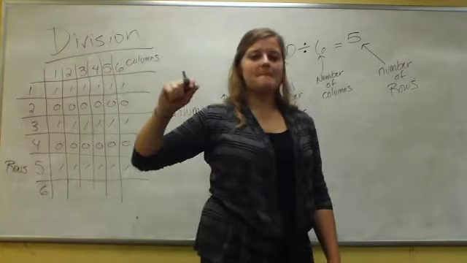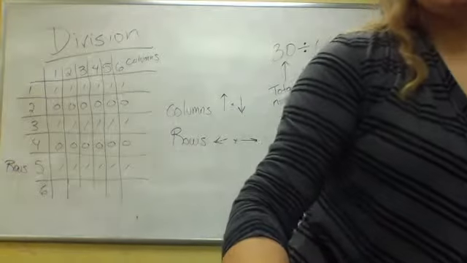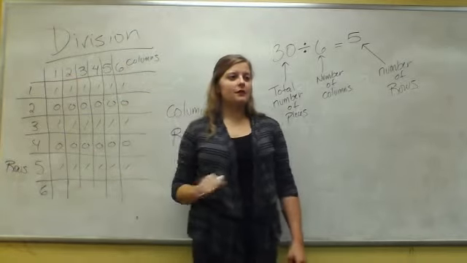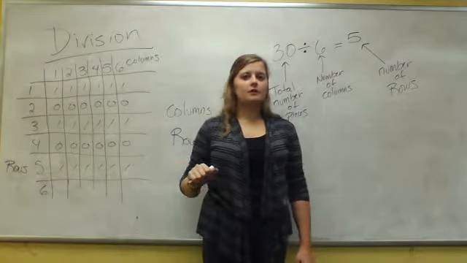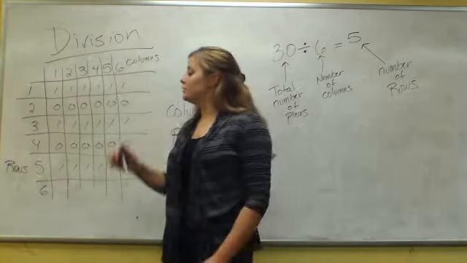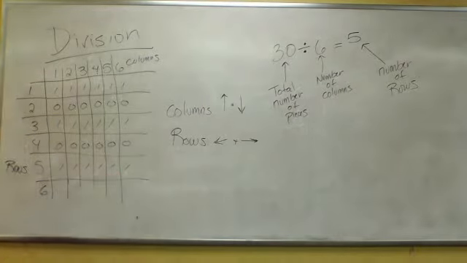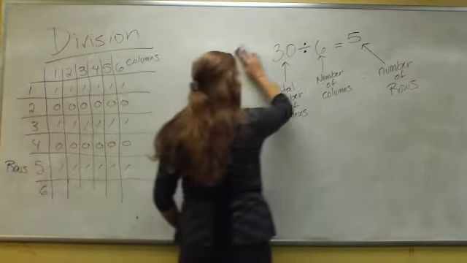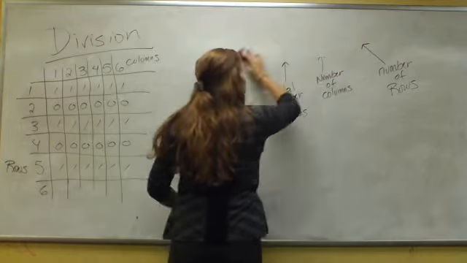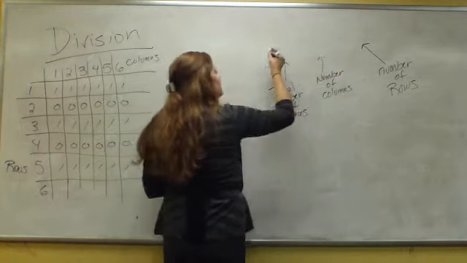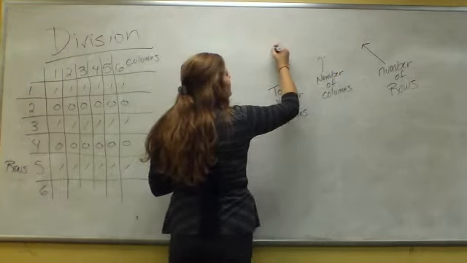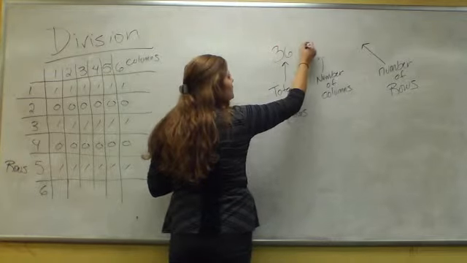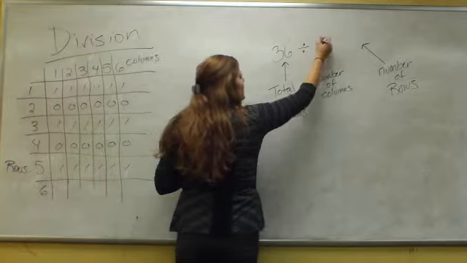Okay? Knowing that I could just take a little graph and literally just make a little until I run out of pieces. Right? This number might change. What if I had 36 divided by 9?